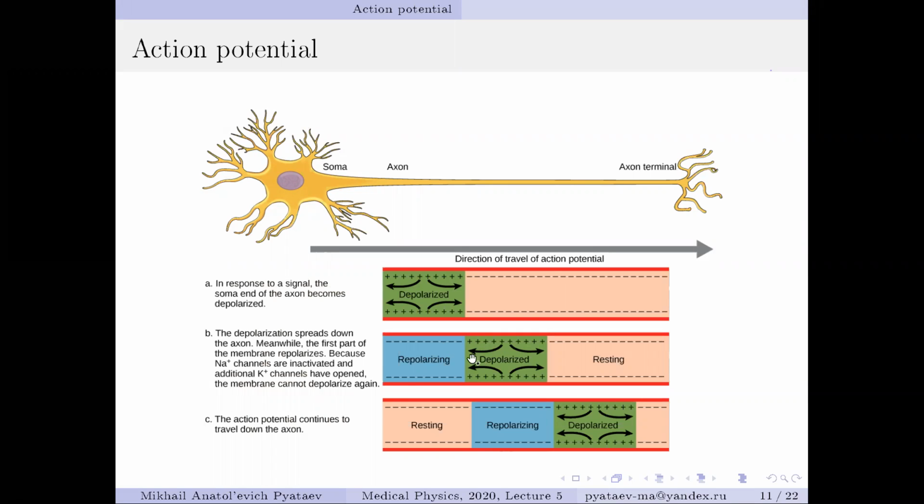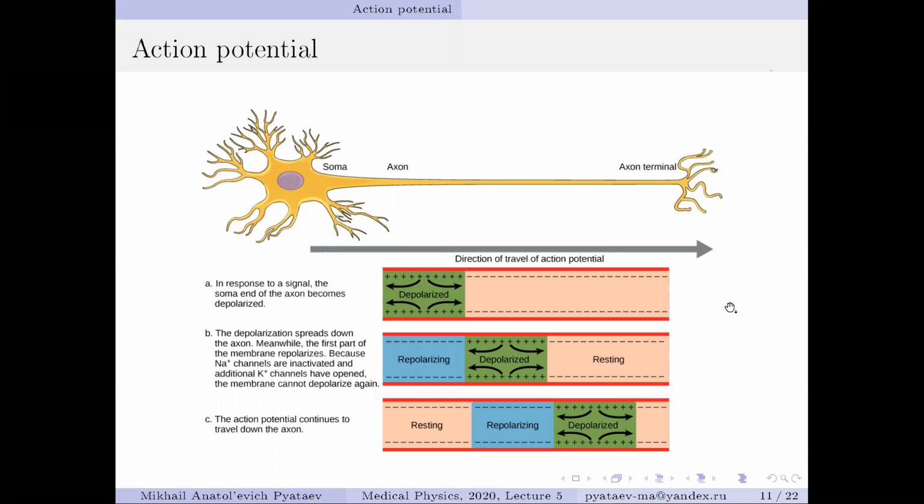There is no polarization. It is not ready for transmitting of signal. That's why the nerve pulse goes only in one direction.